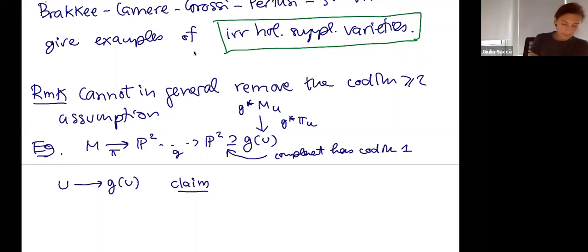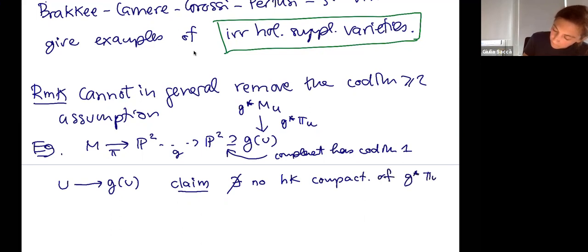And the claim is that there exists no hyperkähler compactification of this pullback morphism, at least without changing the base. Of course, if I change the base and I go back to the previous one, then I already had it. So there's nothing here completing the diagram. I can't have it.